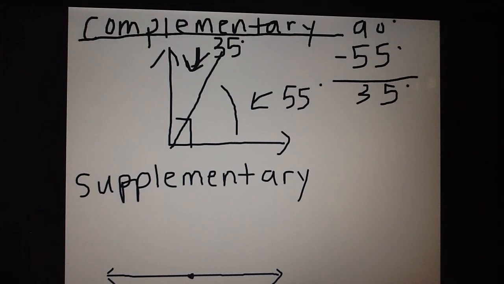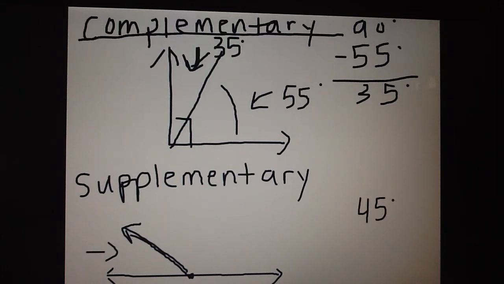180, yep. So let's say we have this line here, this angle. Say this one is approximately 45 degrees. What would this one be? We have to do 180 minus 45.